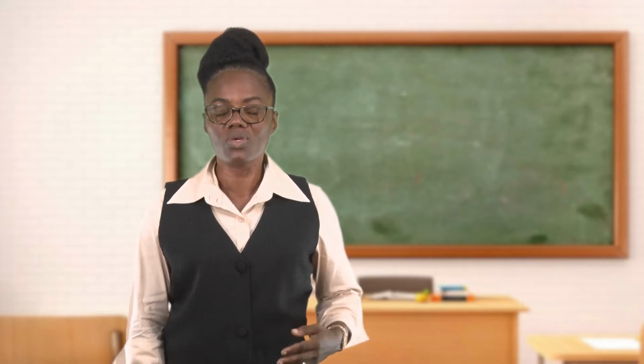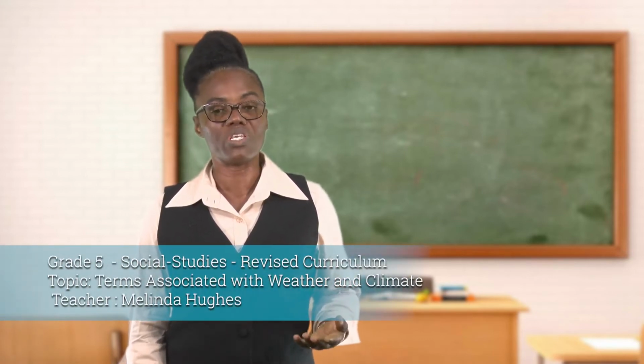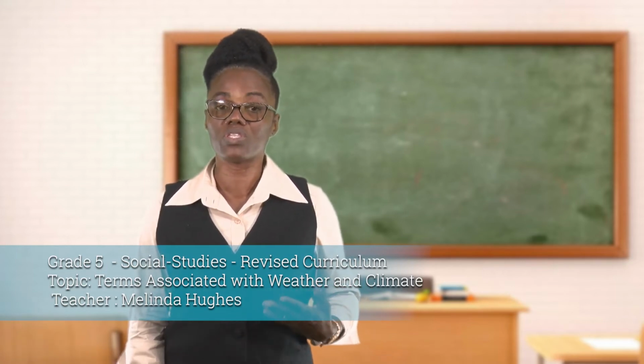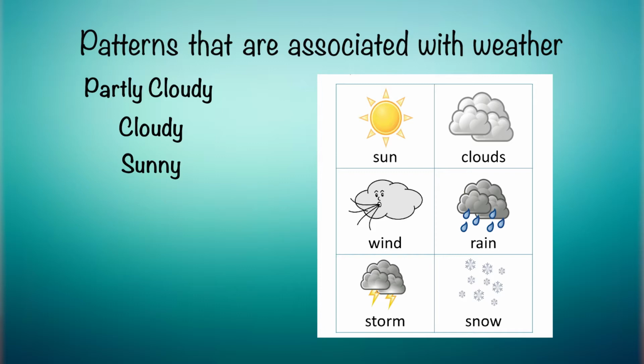Boys and girls, we would have examined this in our previous lesson that is based on weather and climate. So let's recap patterns that are associated with weather. So we have partly cloudy, cloudy, sunny, windy, rainy, stormy, or snowy for other parts of the world.